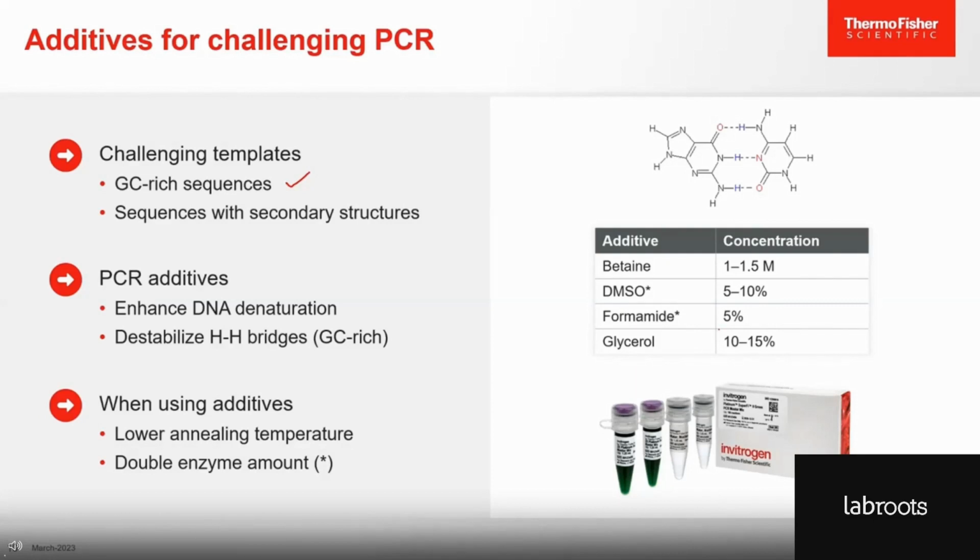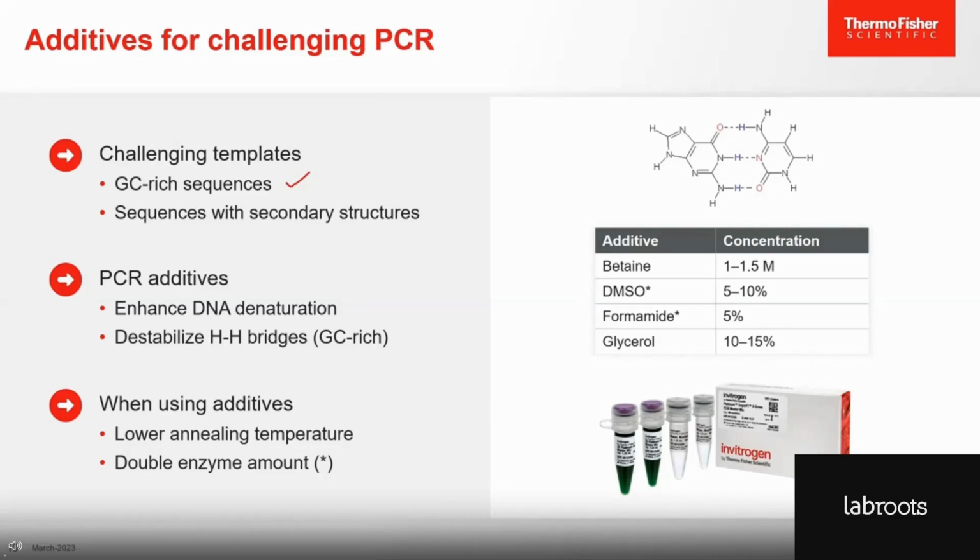However, if additives like DMSO or formaldehyde are used, a higher amount of DNA polymerase is needed because these substances have a negative effect on the enzyme. Also, with all such additives, the annealing temperature will need to be lowered. This is because the primer binding will also be affected and destabilized.